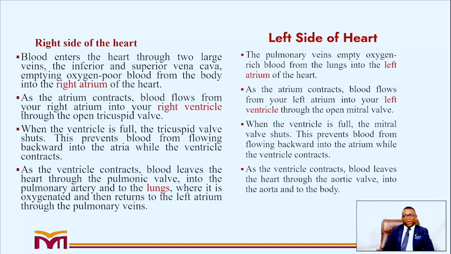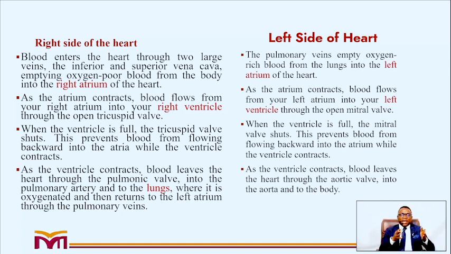This prevents blood from flowing back into the left atrium while the ventricle contracts. Then the ventricle contracts, and blood leaves this ventricle and gets into the aorta when the aortic valve is open. So you will see that the major function of these valves is to ensure that blood is not returning back to where it was coming from.